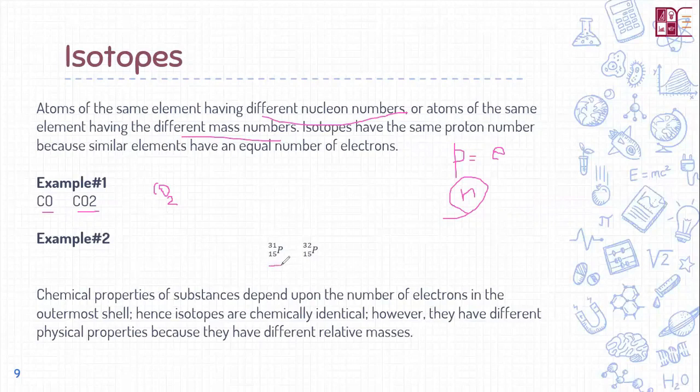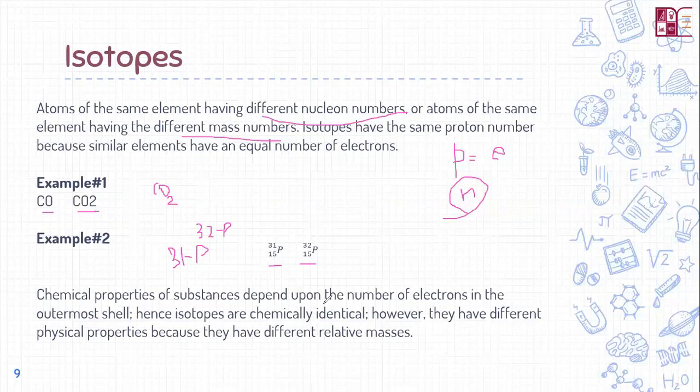Coming to this example, if someone asks you phosphorus 31 and 32, this is how you write it: 31-P, 32-P.